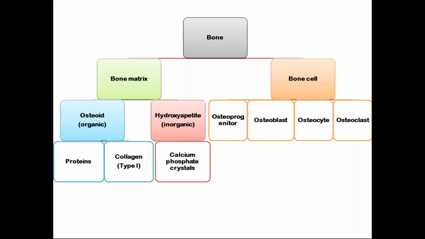So what is that water? Water is your matrix, in which this gum is like a cementing material. And in that gum, whatever sand you are putting, that sand will join and form clusters. So those are the bone cells.